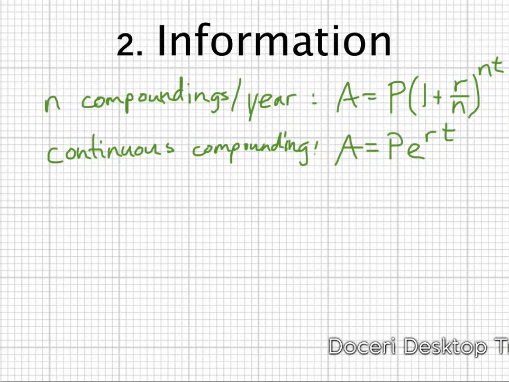Well, where did the nt go, and where did 1 plus r over n go? Well, what we did is we let m be n over r. And what we were able to do is in the original equation, replace r over n with 1 over m. And then n in the exponent became rm.